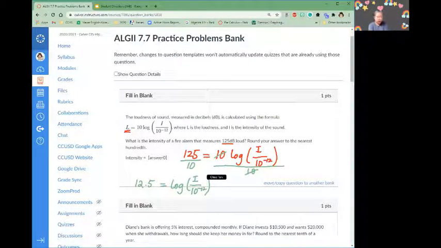If you have this log equation, in order to solve for the variable that is part of the argument, there are different ways to solve, but probably the most efficient way is to convert this into an exponential expression.